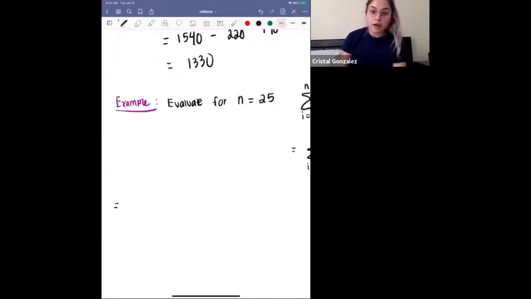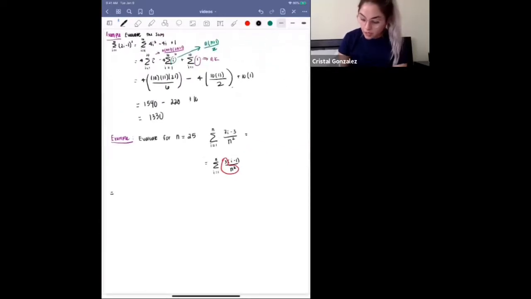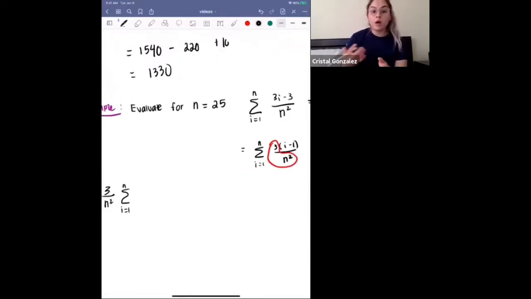So that's actually what we're going to go ahead and do. If we factor that out, we're going to get 3 over n squared, times the sum from i equals 1 to n. And now since we factored that out, all we're left with is i minus 1, which is a lot easier to deal with because I have formulas for i and I have formulas for a constant. This is the same thing as 3 over n squared times the sum from i equals 1 to n of i, minus the sum of 1 from i equals 1 to n.